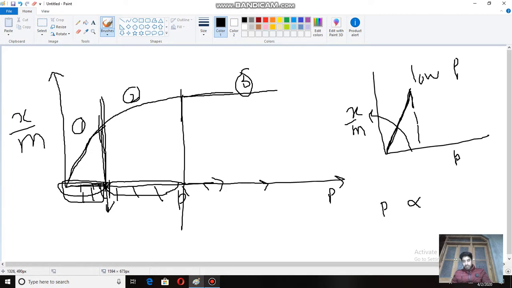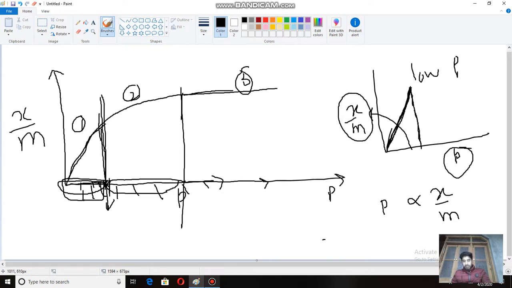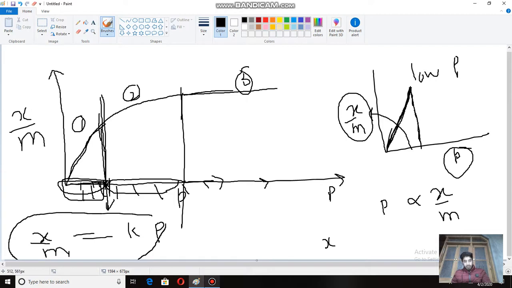I hope you know a straight line is the graph for variables which are directly proportional. That means x by m is, after removing the proportionality, with a proportionality constant, x by m equals kP.